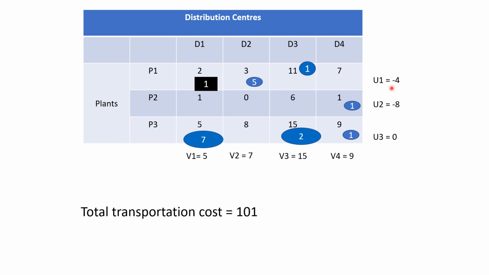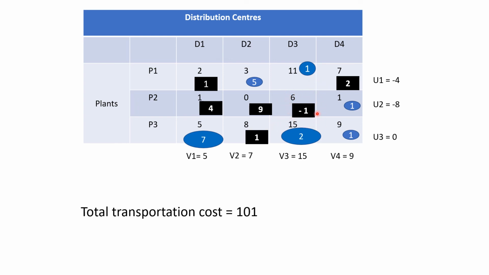This is -4 plus 9, that is 5. 5 is to be subtracted from 7, so that is 2. So that is how we got it. Same thing, we will calculate the cell evaluations for other unallocated cells also, and we find that still one cell evaluation is there which is negative.